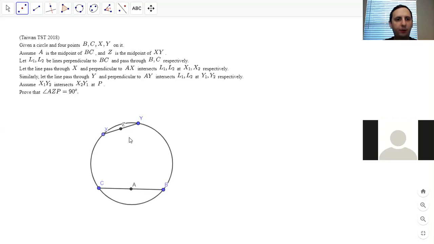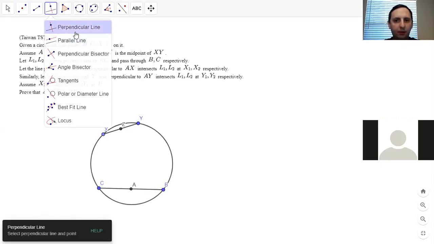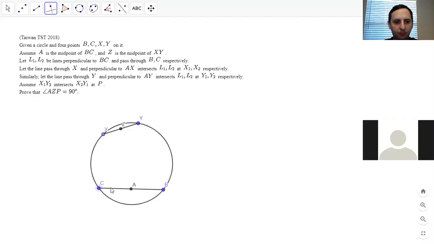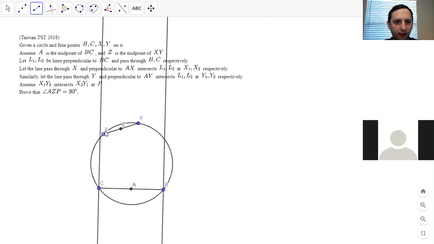So L1 and L2 are perpendicular to BC and they pass through B and C. And let's align passing through X and perpendicular to AX. Interesting. So we want to draw the segments AX and AY.